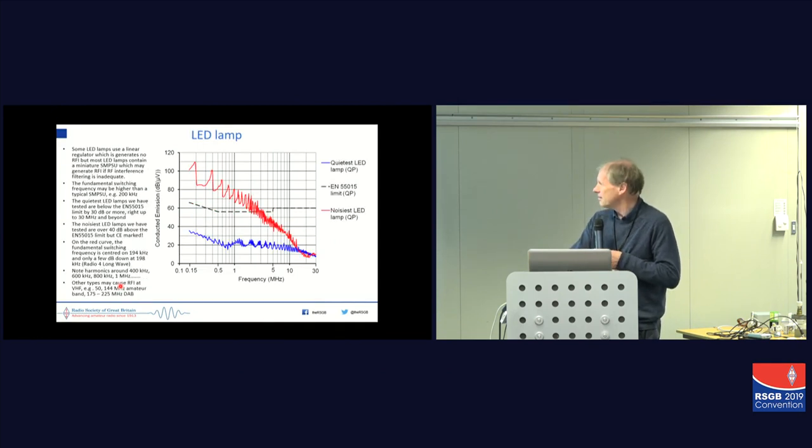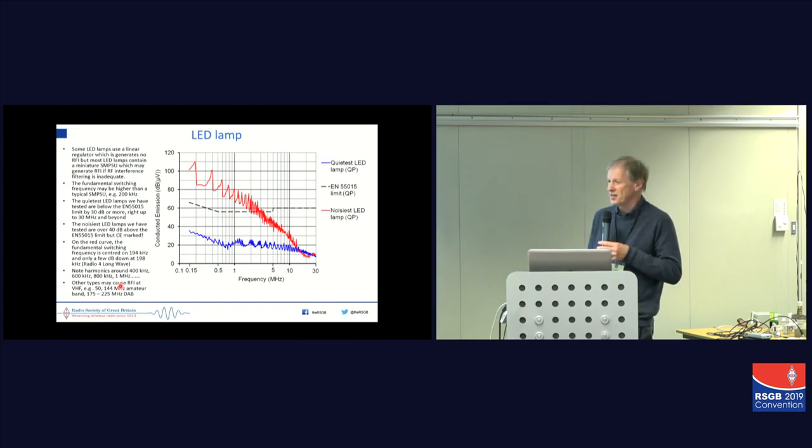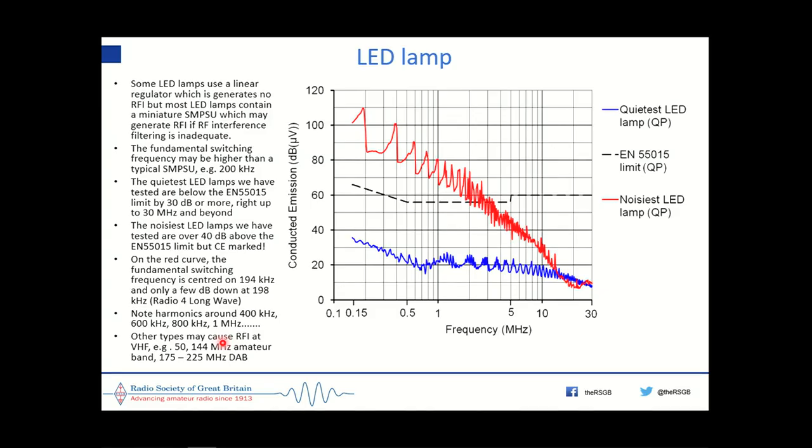Space bar. LED lamps. Now, of course, some LED lamps are linear power supplies and completely silent, but most of them are switching, and it's a miniature switching power supply, but doesn't necessarily produce a miniature level of radio interference.